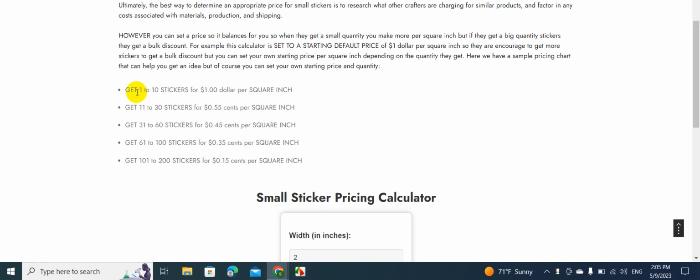If they only get two stickers, that means they pay $1 per square inch. I'm not going to add any additional fees, because sometimes if I have to send it out, I have to charge for shipping, and that's what the additional fees are for. That way, if something comes up, or if I want to charge a setup fee for a design, whatever.